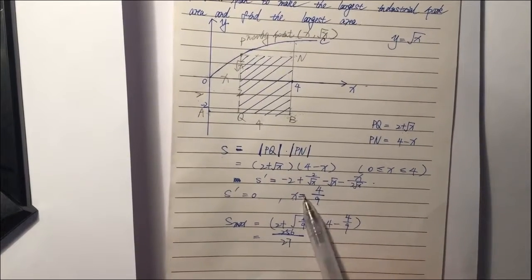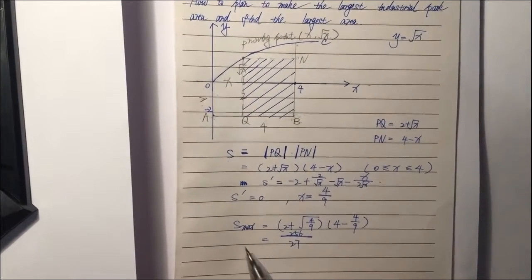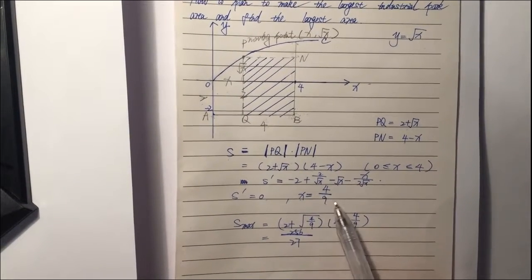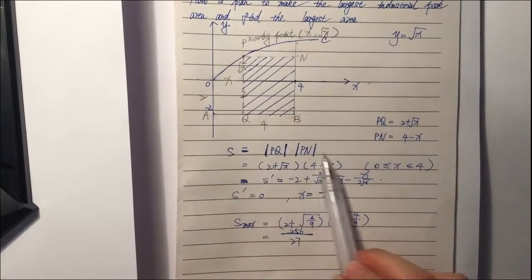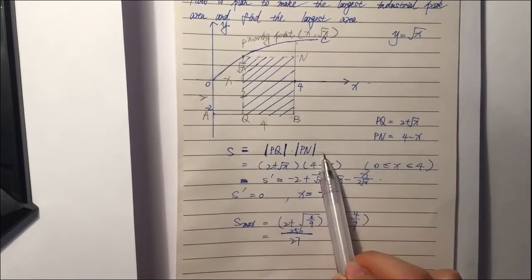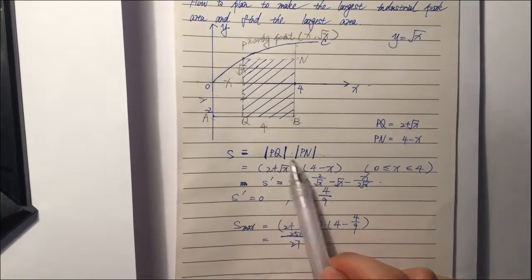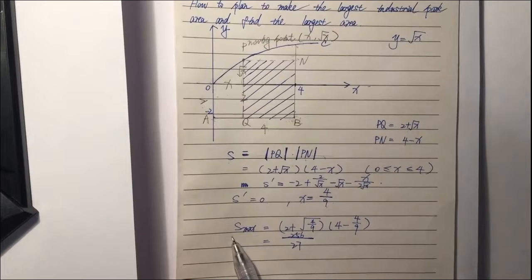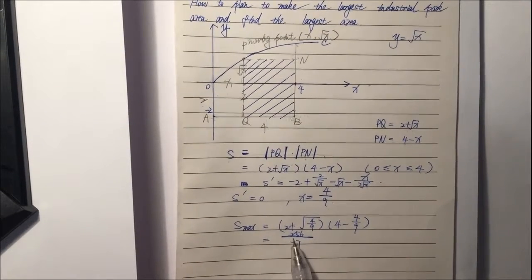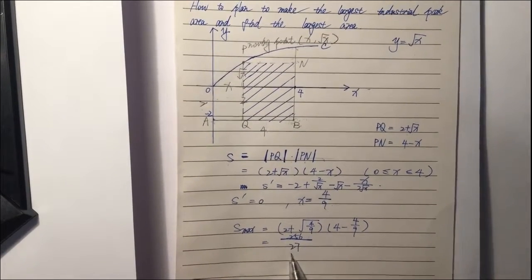This is the x at which we find the largest area. Taking x equal to 4 divided by 9 into the area, which equals PQ multiplied by PN, we get that the maximum area equals 259 divided by 27.